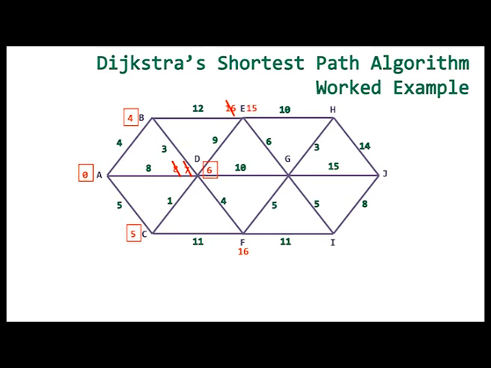We're still on D, so from D to G, it gives us 10 plus 6, so that gives us a value of 16. And from D to F, we've got 6 plus 4, which gives you a value of 10, which is lower than the 16 that is already there, so we cross that out and put 10 next to it.